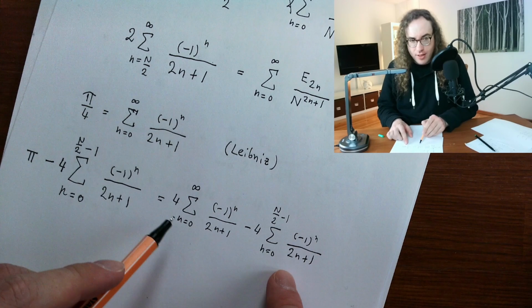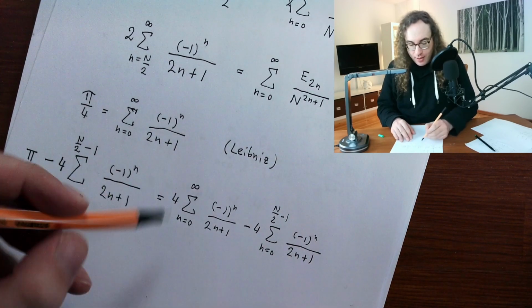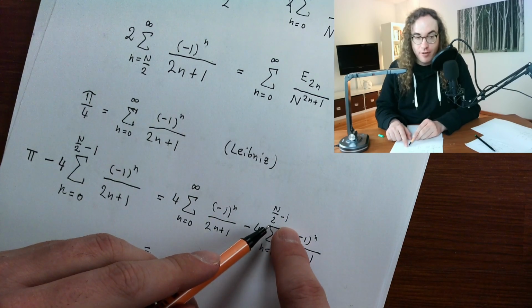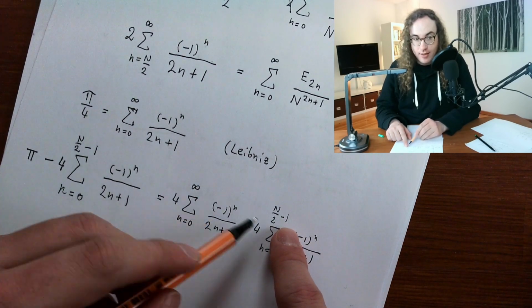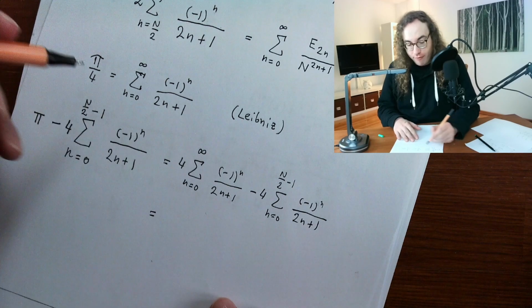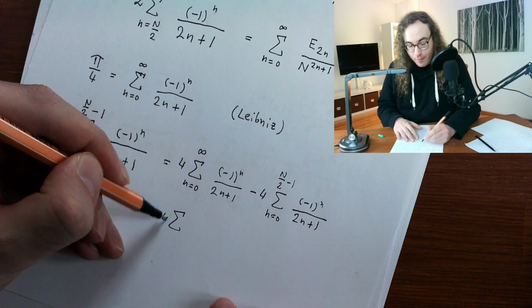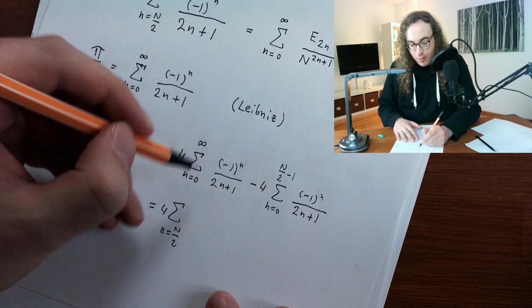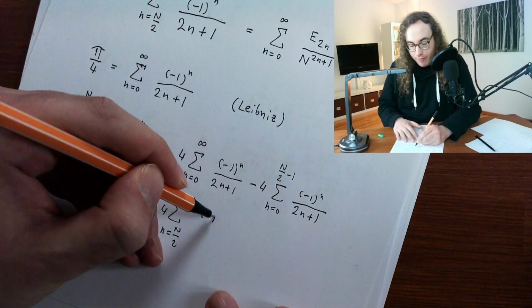Since these are the same terms, they cancel, and what remains is only the terms occurring after I've surpassed the index capital N divided by 2. So I get precisely 4 times the sum starting from capital N divided by 2 going to infinity of this term.